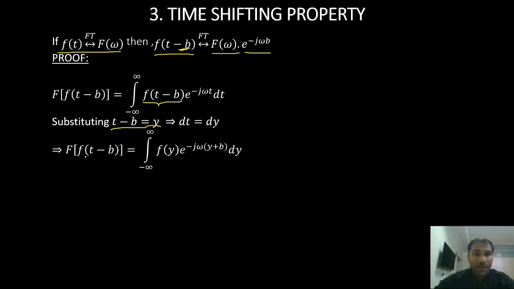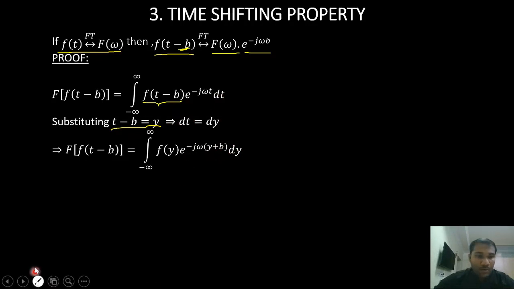So the Fourier transform of f(t minus b) is equal to the integral from minus infinity to infinity of f(y), and in place of t I can write y plus b, so e^(-jω(y plus b)). dt is equal to dy, so I replace dt with dy.